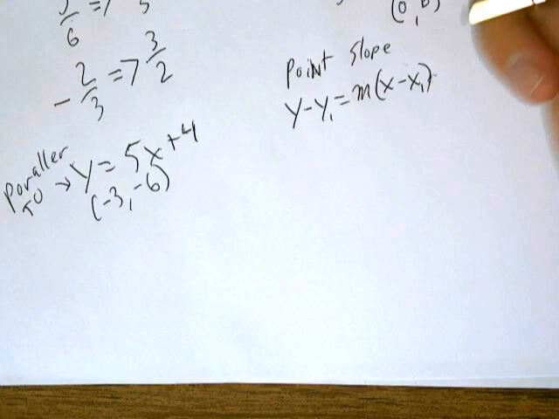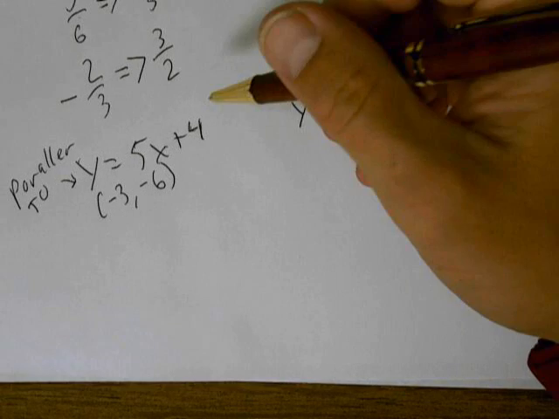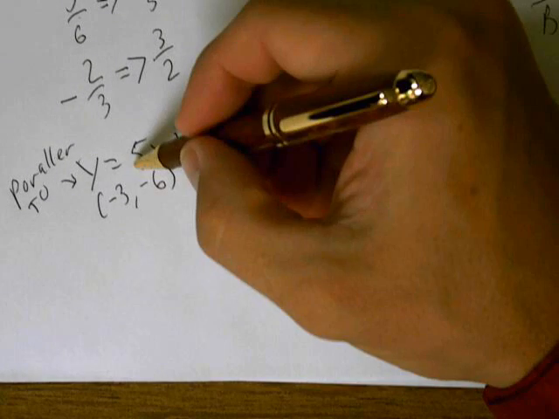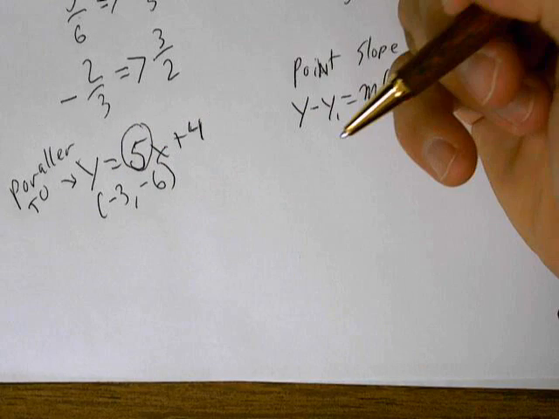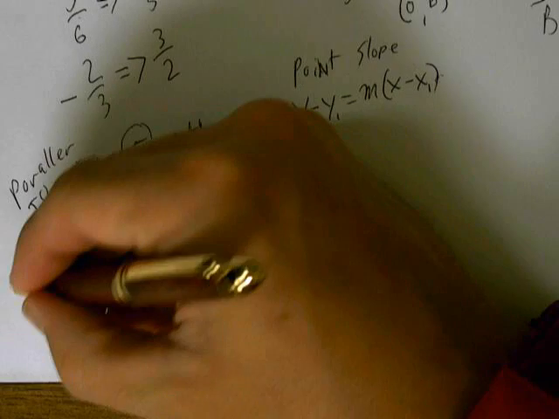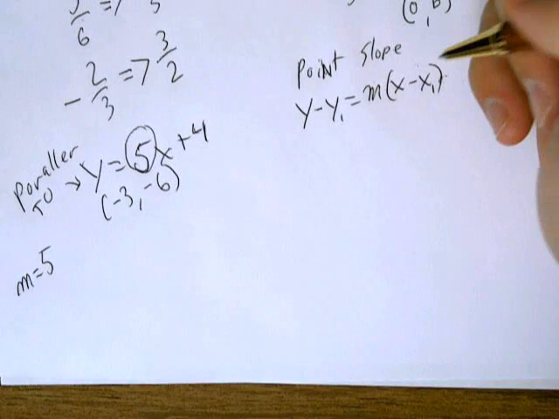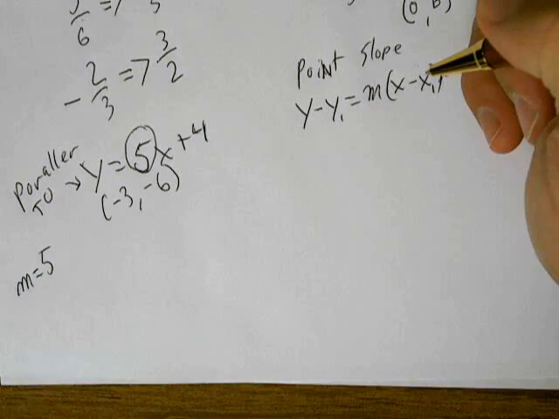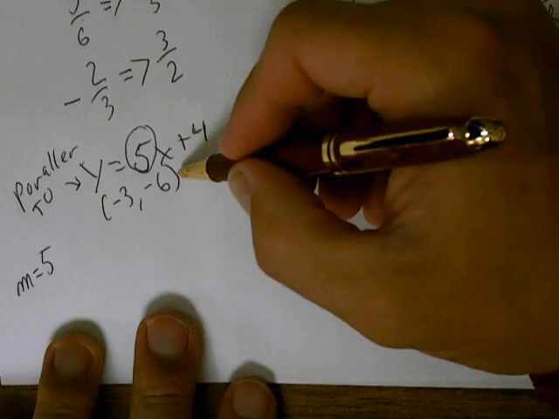Okay, so the first thing I'm going to do is I'm going to say, okay, what slope do I want? Well, I want it to be parallel to this equation, and this equation has a slope of 5. Okay, so off to the side here, I just wrote m equals 5 because I know I want my slope to be 5. Now, I have a point and I have a slope.